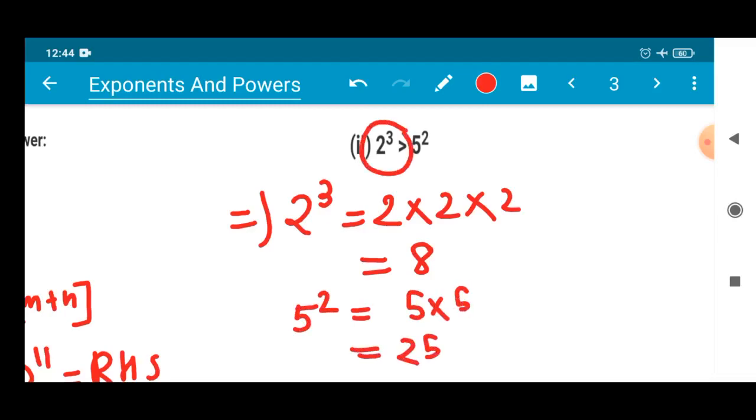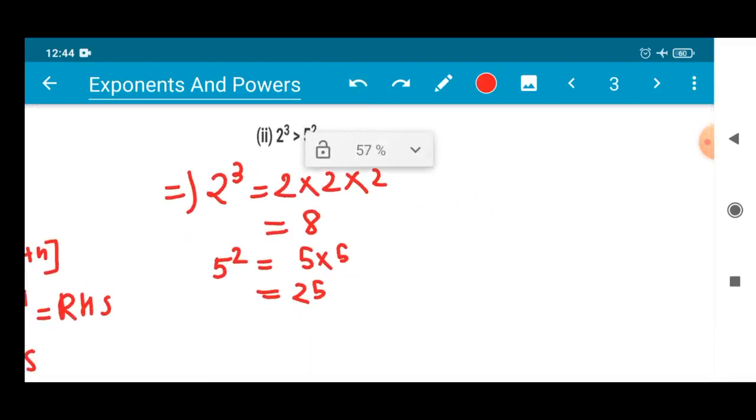So is 2 cube greater than 5 square? No, it's not like that. It cannot be said that whenever you have the greater exponent, your value will also be greater. Every time that is not possible. Sometimes we have to look by solving or simplifying it.